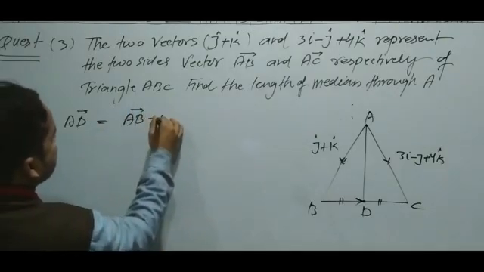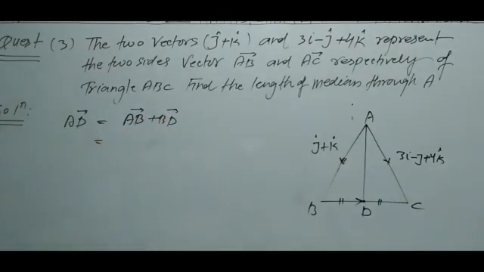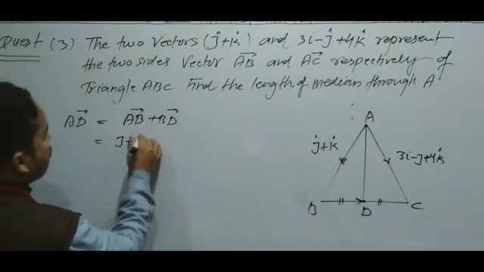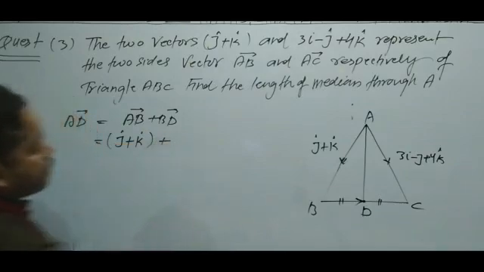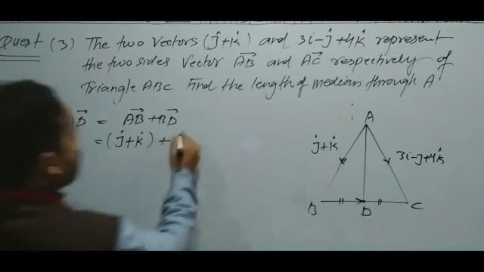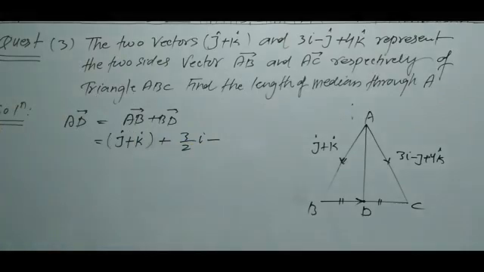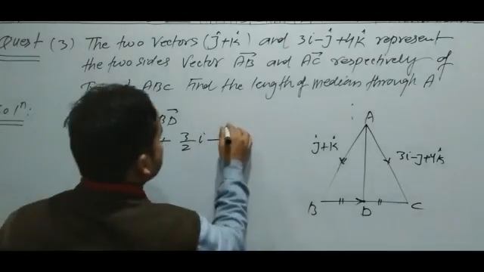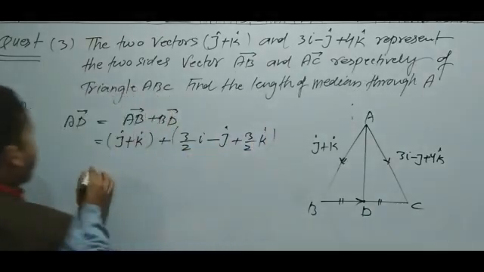AB vector is j plus k, and BD is already calculated, 3 by 2 i minus j plus 3 by 2 k.